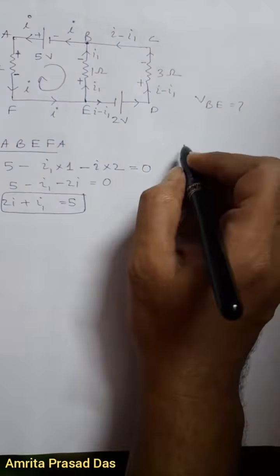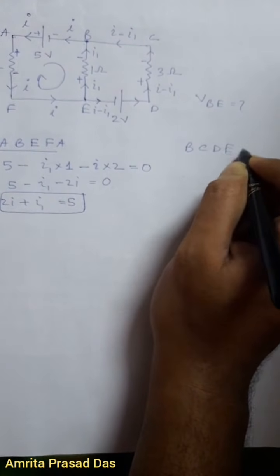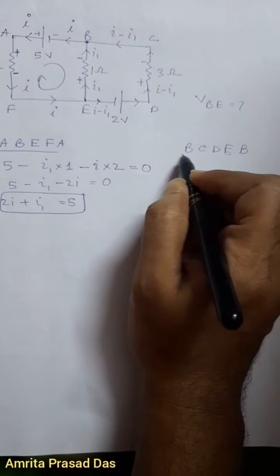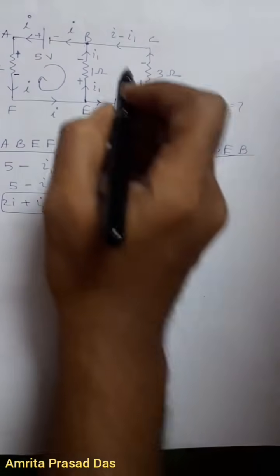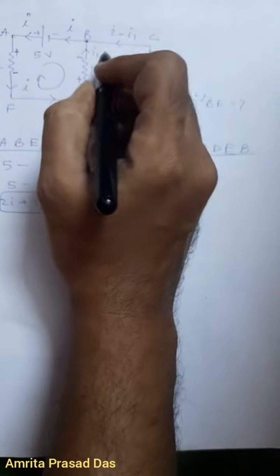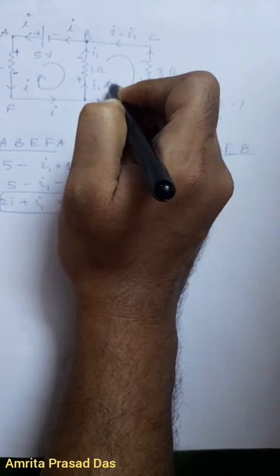Now concentrate on the loop BCDEB. You are moving in this clockwise sense.